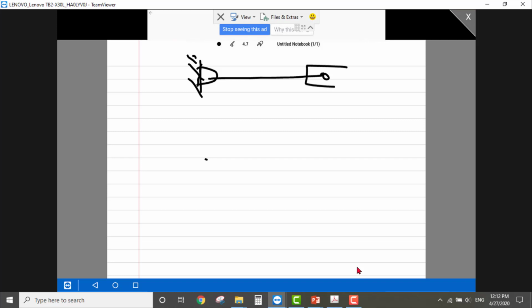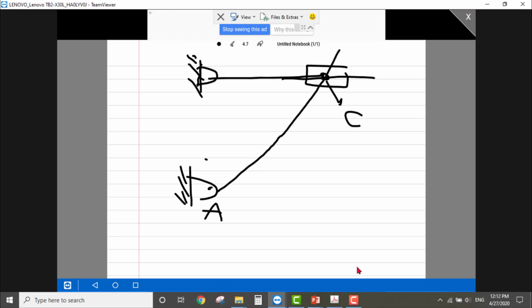So here is the slider, and it is connected with the link AB. So here is A, B is the other end. This point on the slider is called C, and this is D.